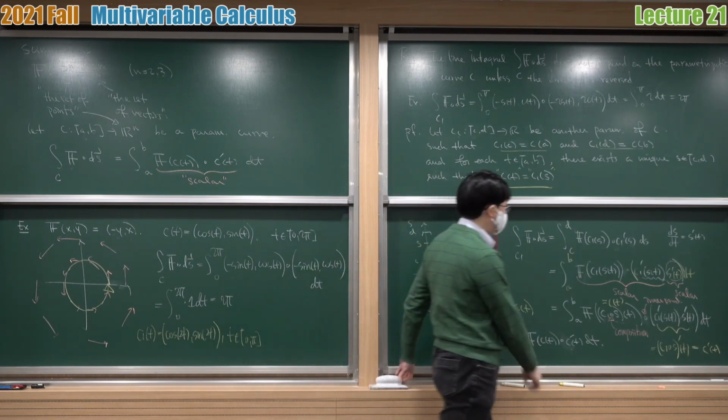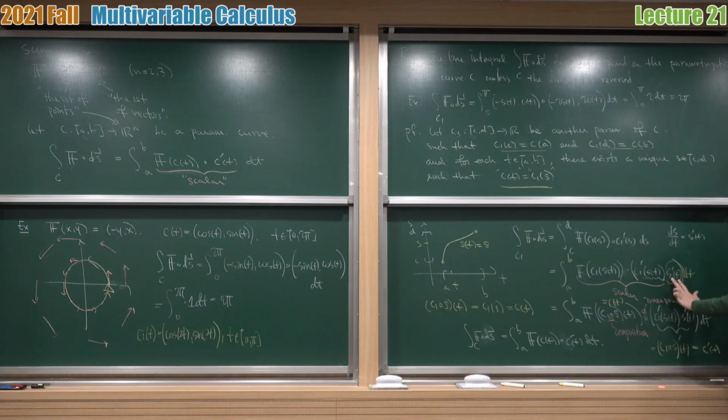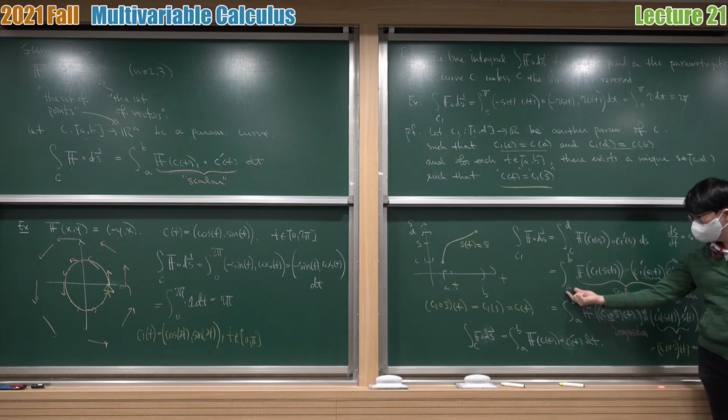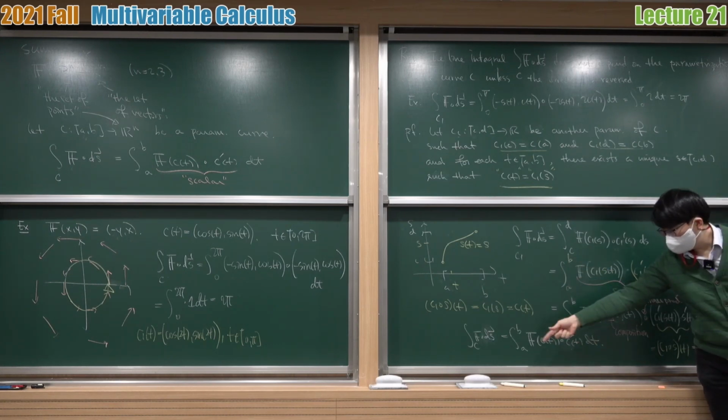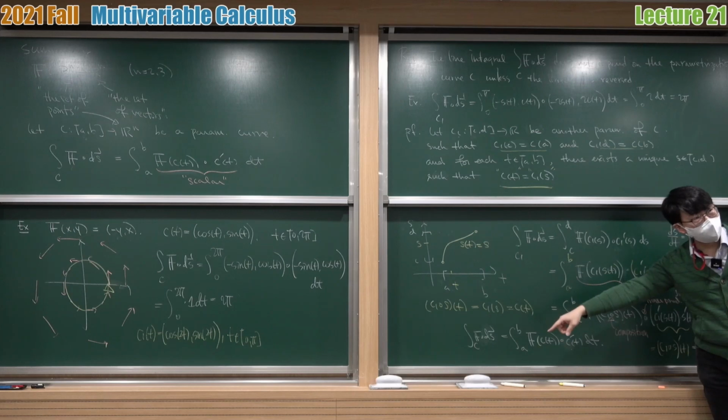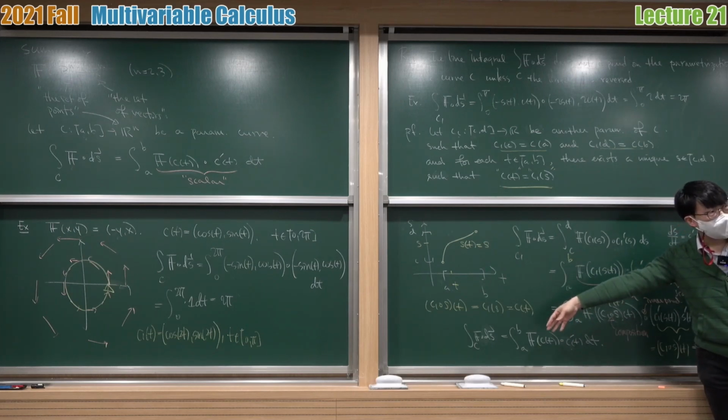Well, you can use the same argument, same formula, but the limit is changed. A and b are switched. So if you want to switch back to a to b, then a negative sign comes out.